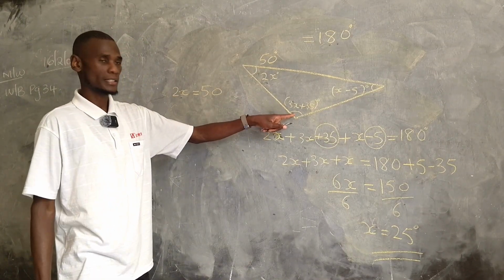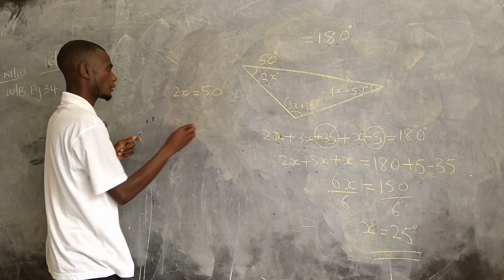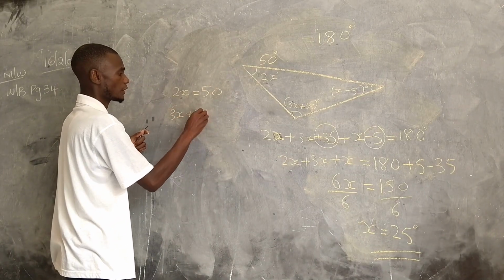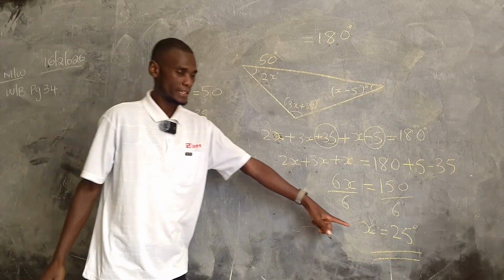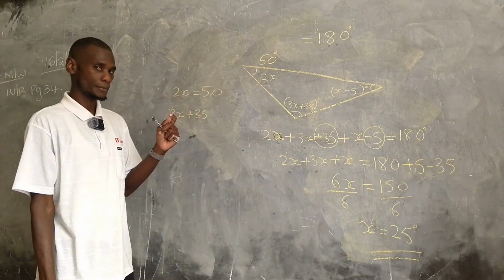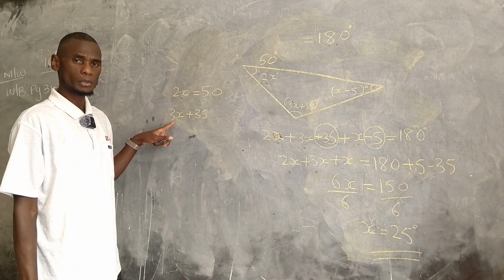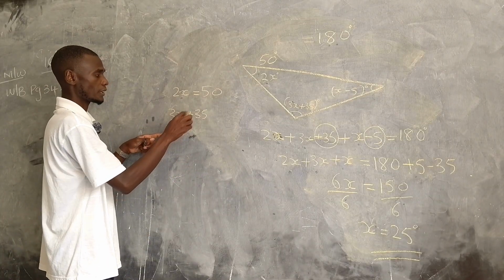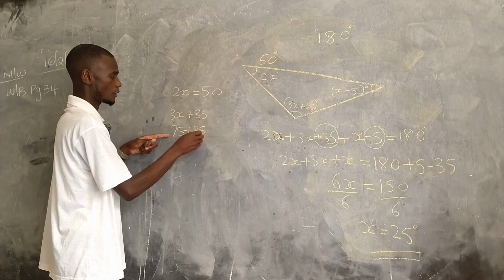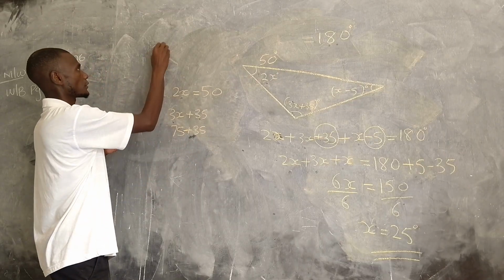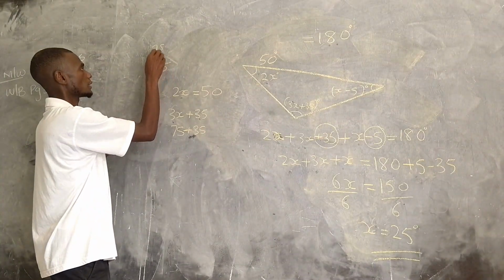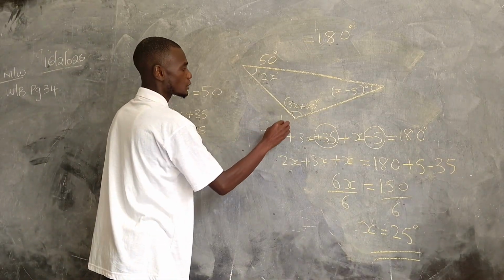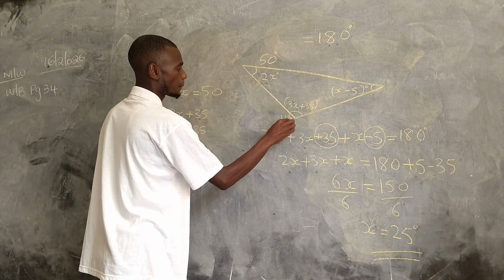This seems to be the largest angle here. So that angle is 3x plus 35. 1x is 25, so 3x will be 25 times 3, that is 75. 75 plus 35, that is 110. So that means this angle is 110 degrees.